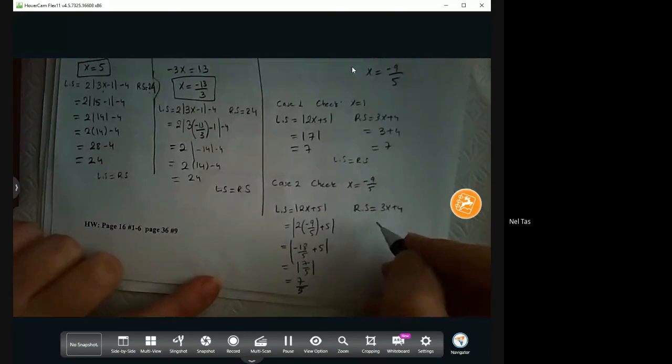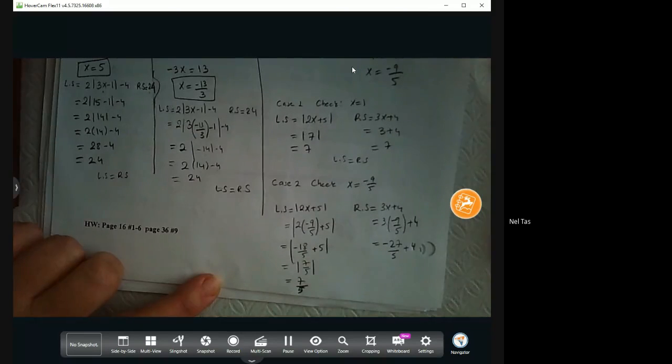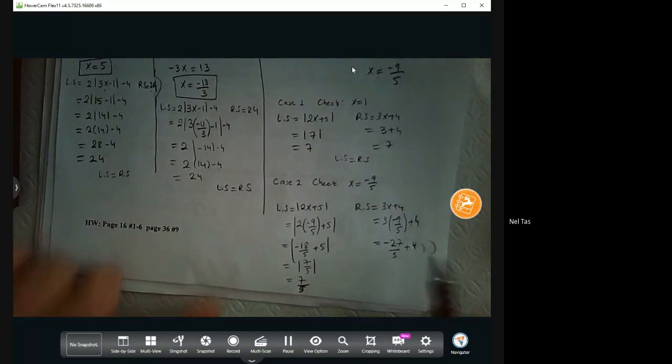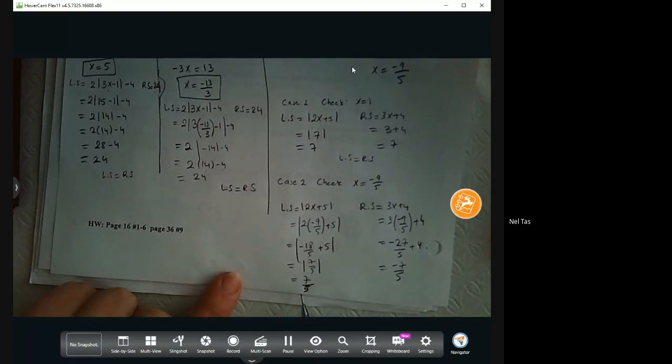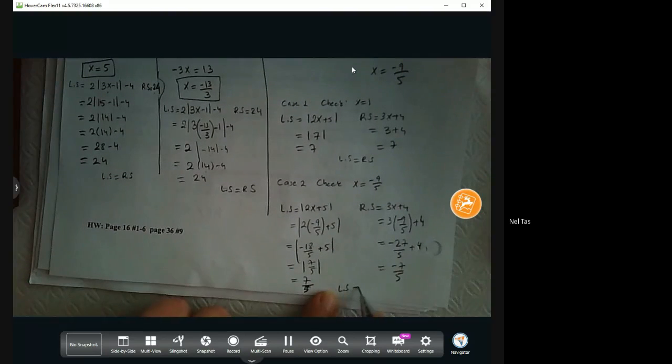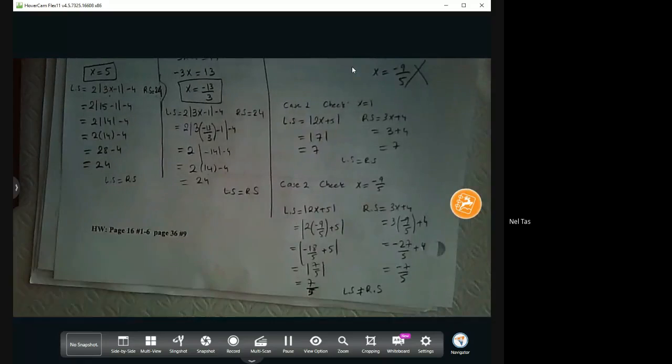Okay, so right side, 3 times negative 9 over 5 plus 4. Negative 27 over 5 plus 4. So have a common denominator. 5 times 4 is 20. So negative 27 plus 20 is negative 7 over 5. As you see, left side and right side are not the same. The left side is not equal to right side. So this solution is not good. Okay.